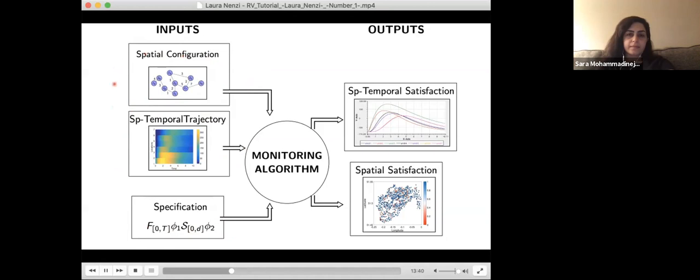So we also have to define what is the spatial configuration. As a result, instead of having just the Boolean and quantitative signal, you will have also the space. And in that case, we will not have, as for the temporal case, a 0 position. So we will have a solution for each location.